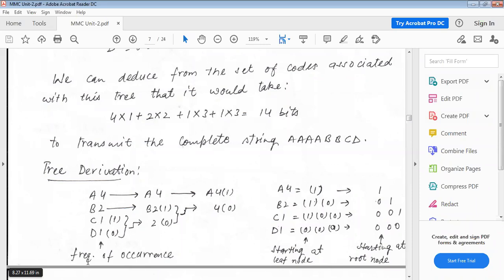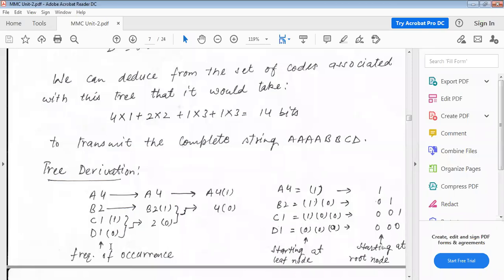Okay. So this is called the frequency of occurrence of the characters. What I have written beside the character set: A is 4, B is 2, C is 1, D is 1. Next, I will assign the binary values.